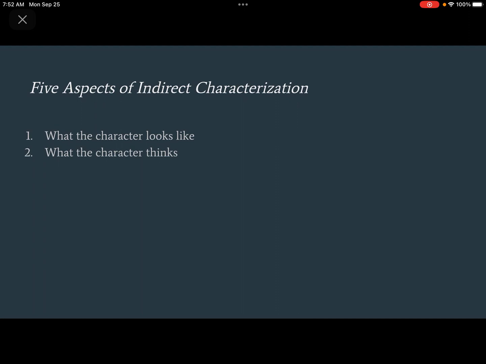We all know, I'll cover these here. These two, what the character thinks and what the character says. These are two very different things. And you know this in your real life, that what you're thinking in your head and what you say out loud might not be the same thing. So the same thing is happening with our characters in books. We look at what they think and what they say. What kind of person does that tell us?